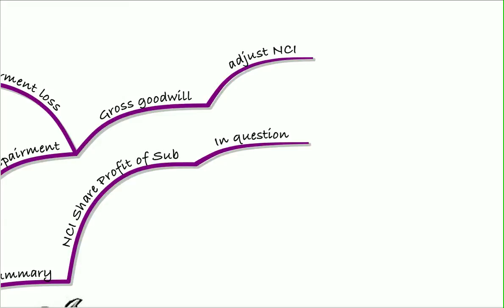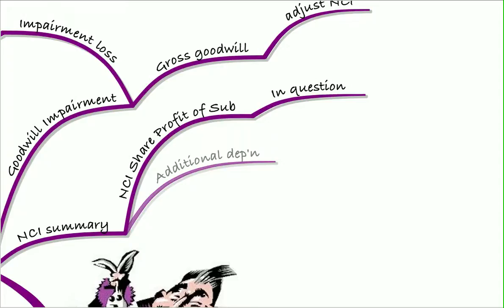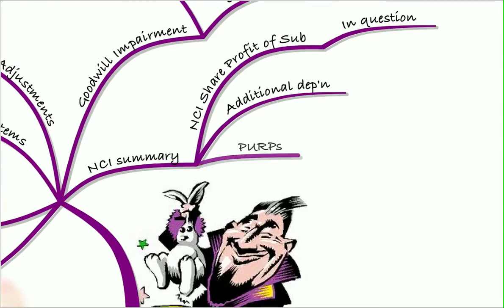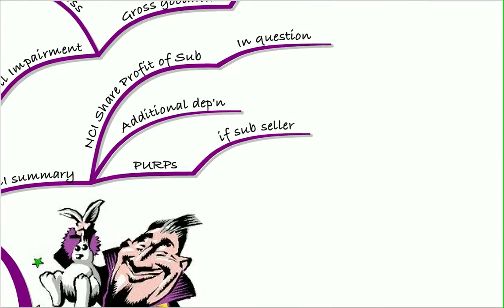We're then going to adjust that for any adjustments that we have made. So for example, if we have additional depreciation, we'll need to subtract the NCI share of that additional depreciation from that original profit in the question. If we have any perps where the subsidiary is the seller, we need to adjust that profit for that as well.